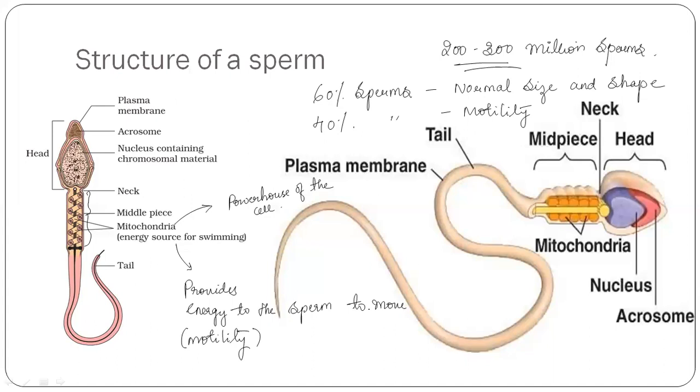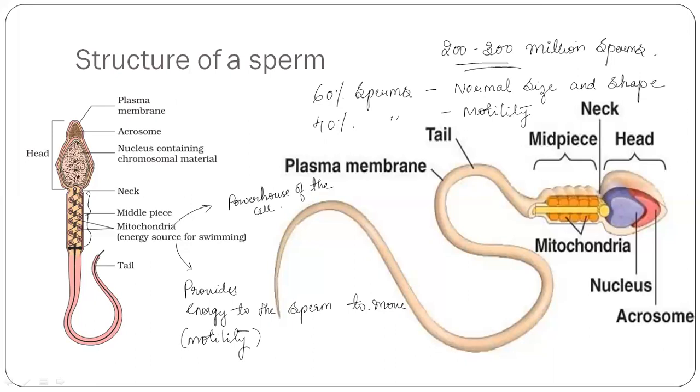You all are aware, when we were studying the male accessory glands, we came across the seminal plasma, which is rich in fructose, calcium, and enzymes, produced by the accessory glands.